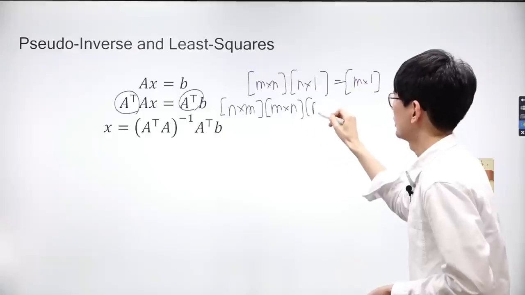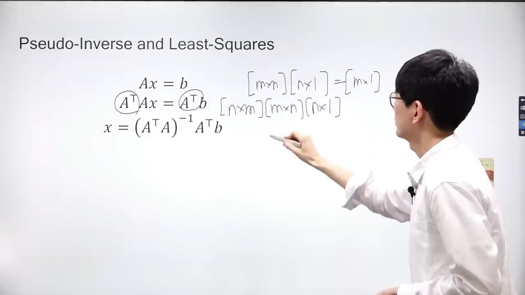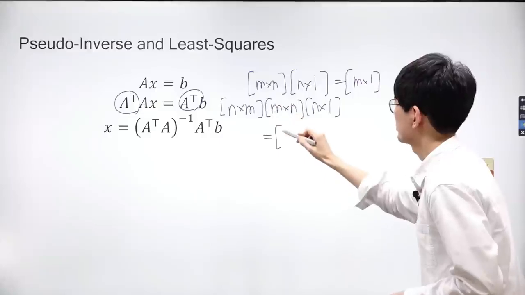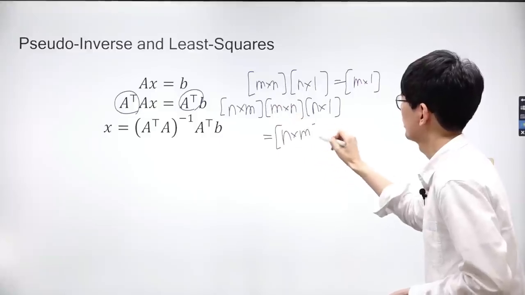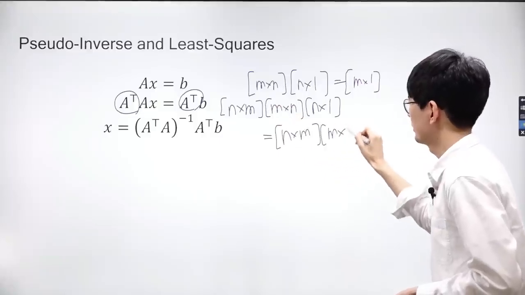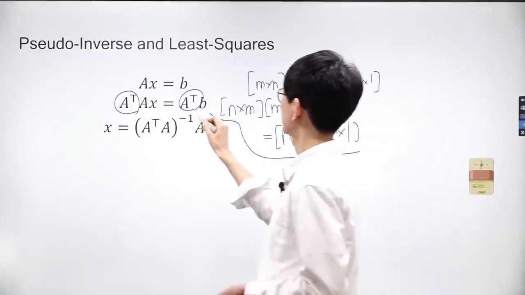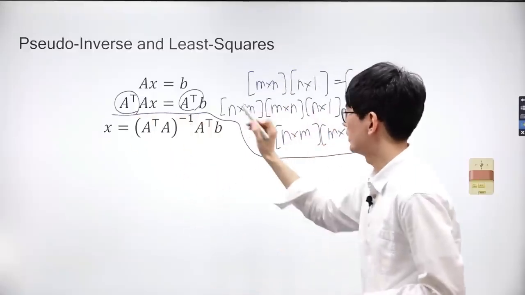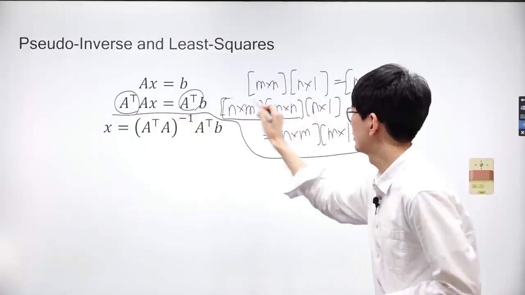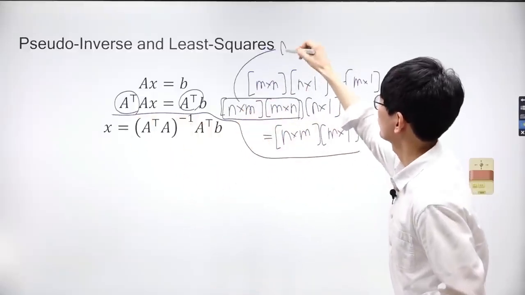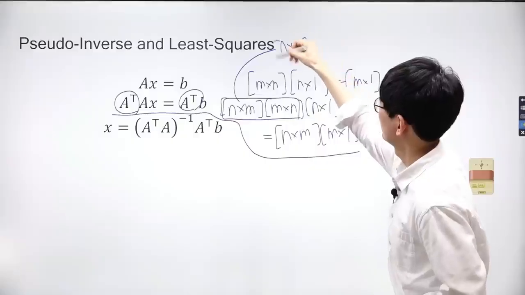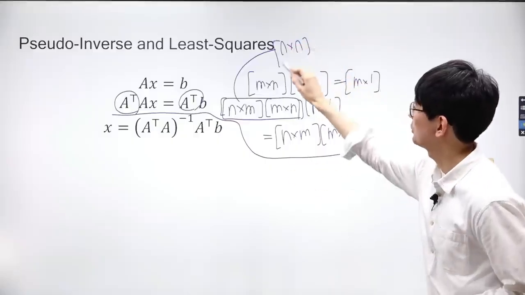Thus, we can write n by m times m by n times n by 1 equals n by m times m by 1. The dimension of the product of these two matrices is n by n, so we can determine an inverse of the product.